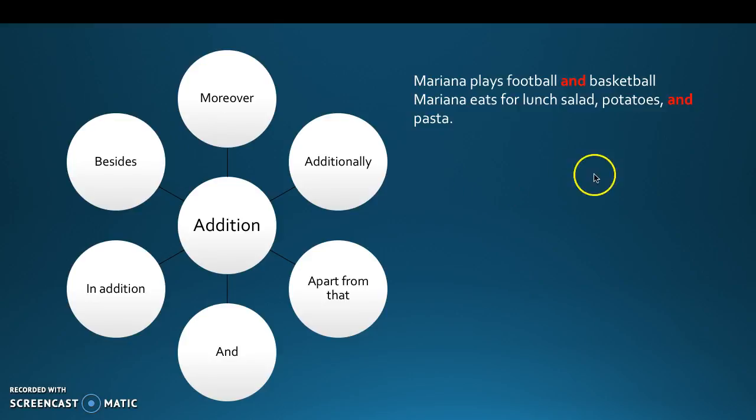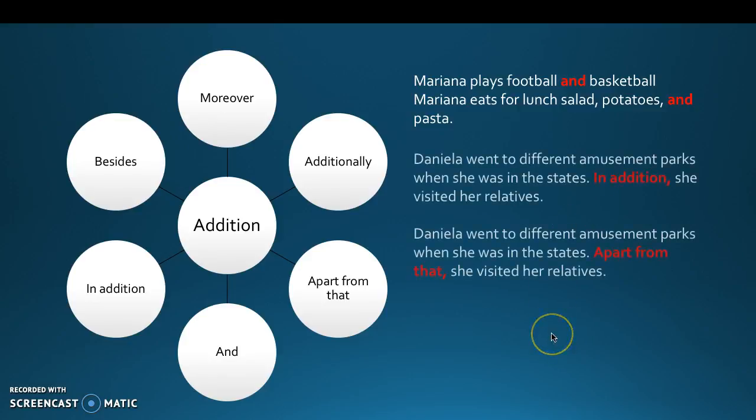The other part was the use of in addition and apart from that. Basically, all those words have the same function. I mean, we can use them in the same way. So here we have the same example, but in the first one we are using in addition, and in the other one we are using apart from that.